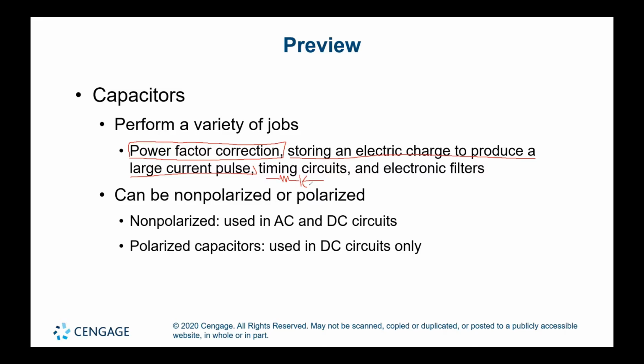By connecting a resistor in series, we create a timing circuit, because we can manipulate how much time we want the capacitor to take to charge. Okay, and this other word here, electronic filter, is the same thing we are doing when we are storing energy. We are just filtering our DC. So this is what we are doing pretty much in this class as well.